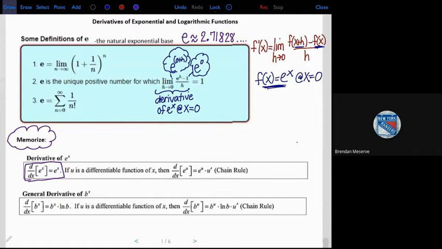So if we let u be a differentiable function of x, then the derivative of e to the u is itself, e to the u, but then times u prime, which is the derivative of u. It's really just the chain rule built into the fact that the derivative of e is itself.